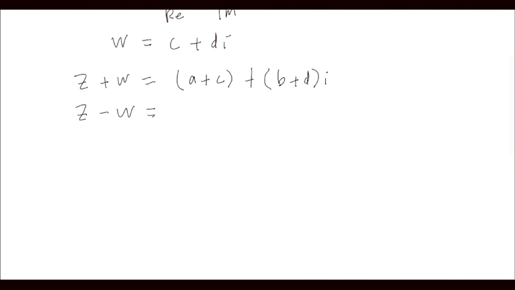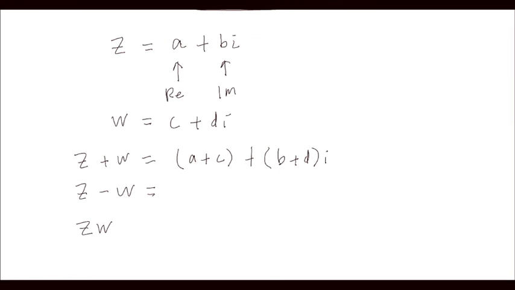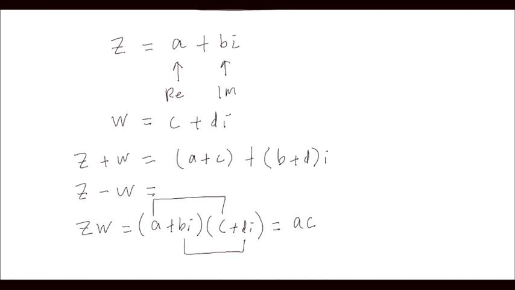And how about multiplication? How about z times w? That is just the same as before. It's similar to multiplication of two real numbers, except that you need to take care of the i's. So if I do it here, a plus bi times c plus di, then what do you get? Find the ones which give us real. So this guy gives us real, so ac, and this guy also gives us real, so bd, but because we have two i's, it becomes minus, because we know that i squared is equal to minus 1.